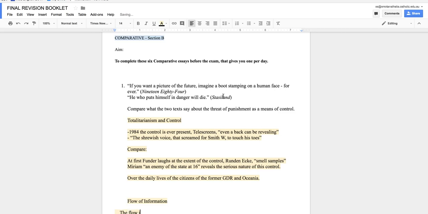The flow of information is restricted significantly in both texts, which limits the ability of the citizens to rebel against any form of punishment enforced upon them.